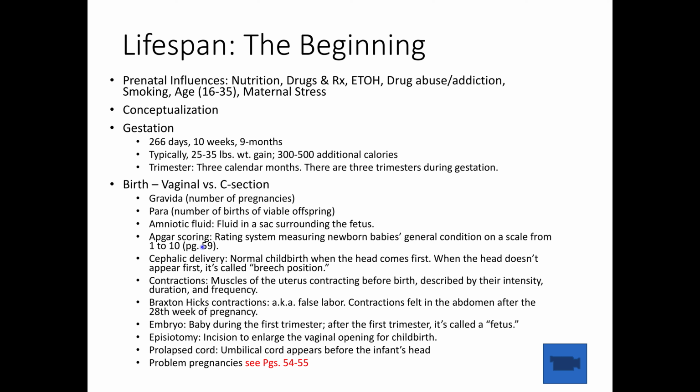So no one gets a 10 in life unless you're a doctor's infant. And so you can see the rest of these terms are pretty straightforward. I would direct your attention to problem pregnancies, pages 54 to 55, and the discussion there about the problem pregnancies that can occur for people.